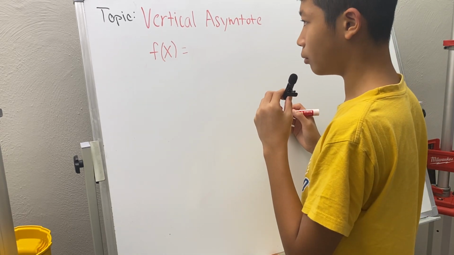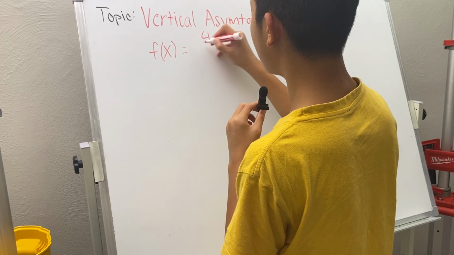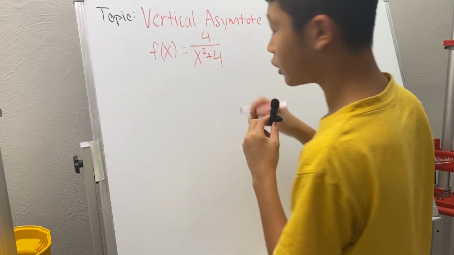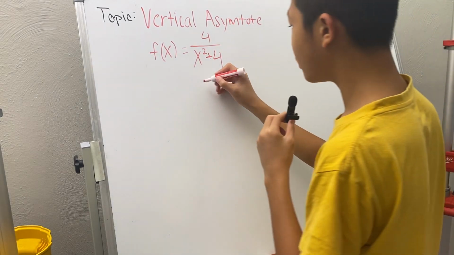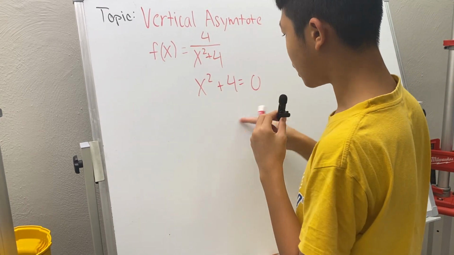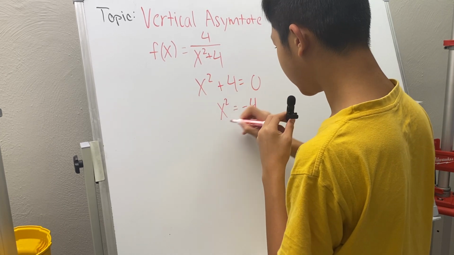So we have 4 over x squared plus 4. As you see, let's set the bottom not equal to 0. Subtract 4 from both sides. Take a square root.